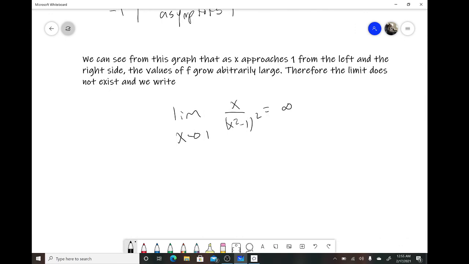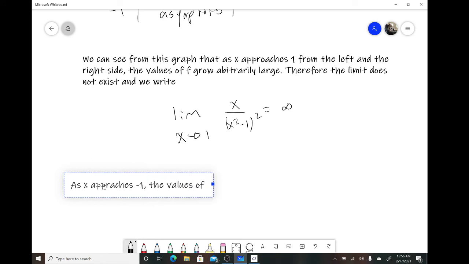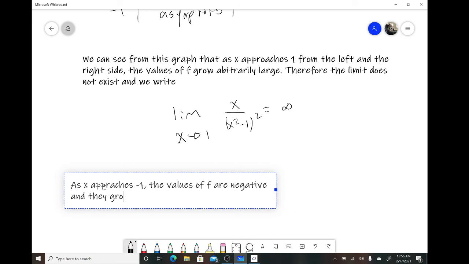Okay, so how about the second one? For the second one, as x approaches -1, again from the graph, we see that the values of f are negative. That we can see from the picture, they are all going down, and they grow in the negative direction, very large and very quickly.